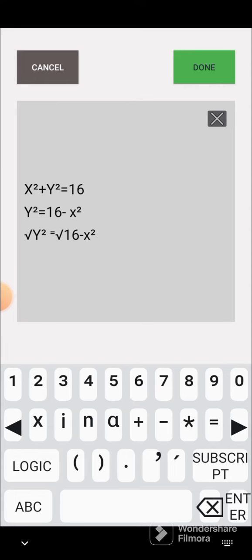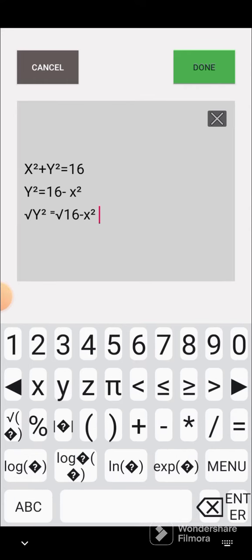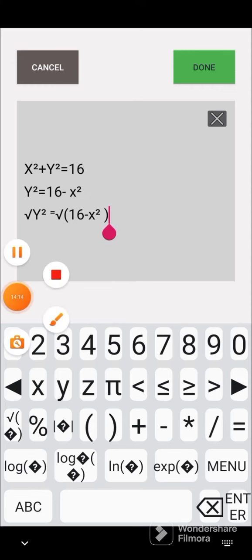Let me put this in brackets, to let you know that I'm square rooting everything in the bracket. Now that we have square rooted both sides, the exponent of y will cancel the root, so our y will stand on its own.